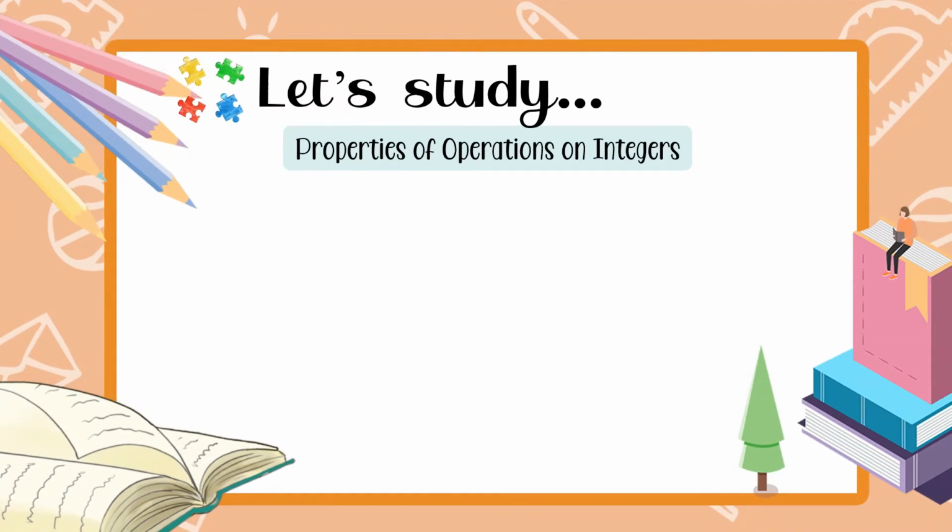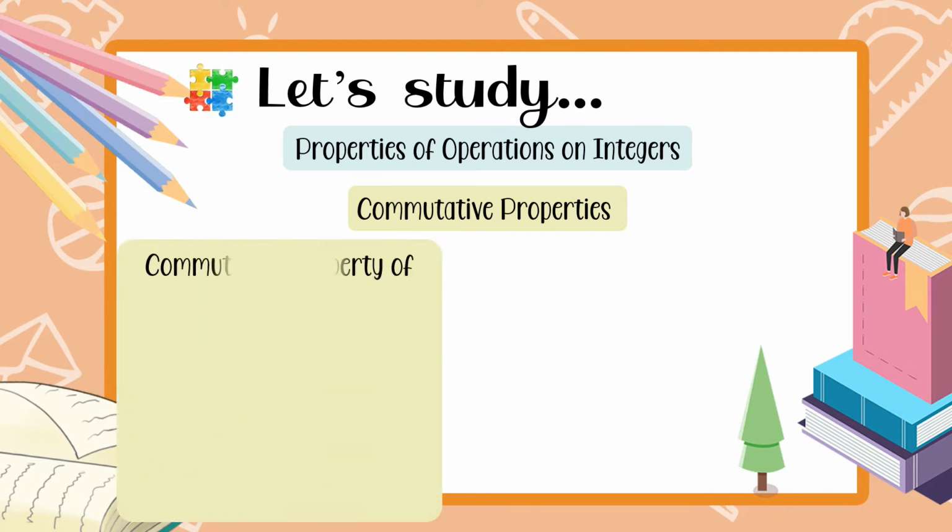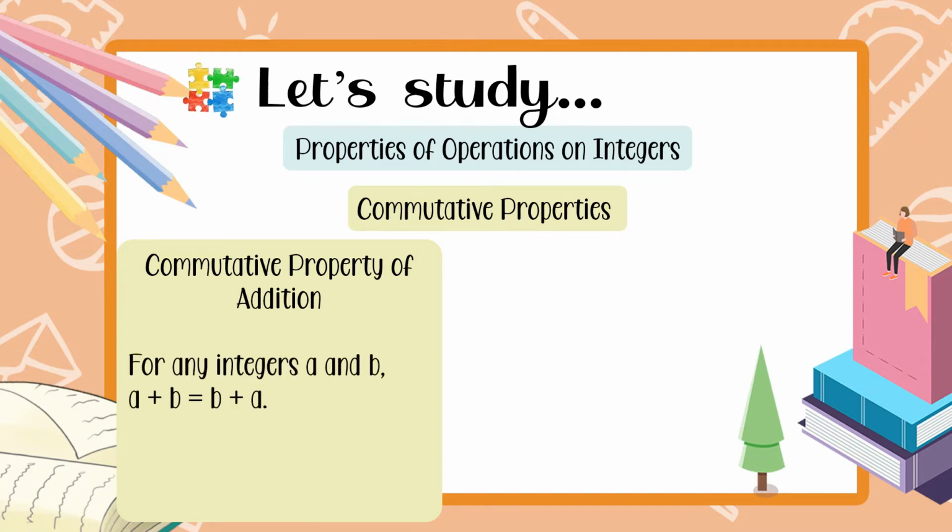Next property tayo. Commutative properties. So, sa commutative properties, meron din tayong dalawa. So, the first one is commutative property of addition, which states that for any integers a and b, a plus b is equal to b plus a. Okay?